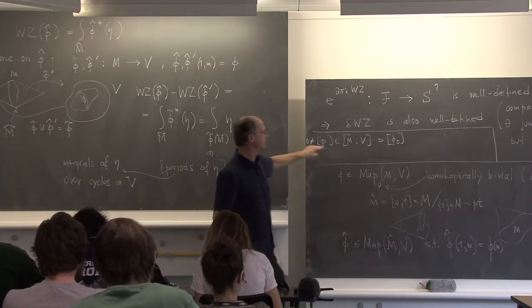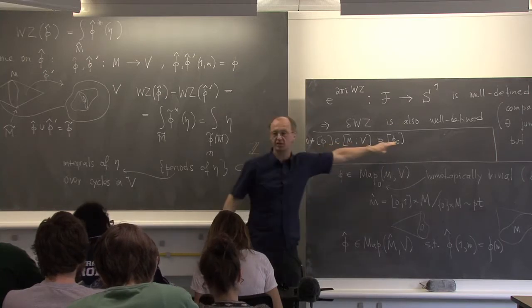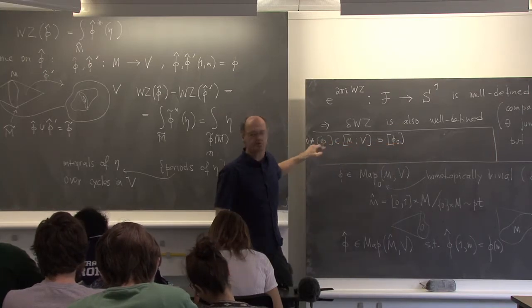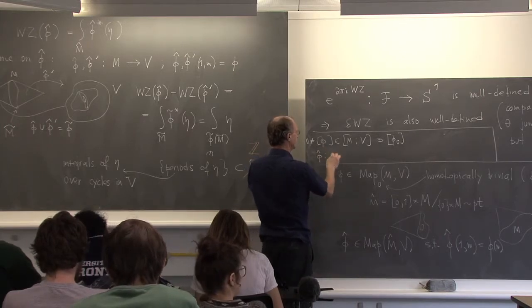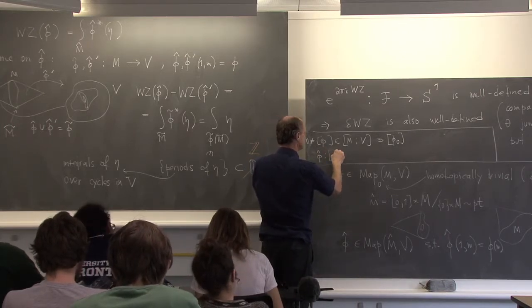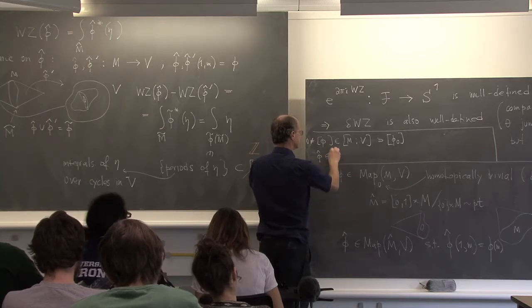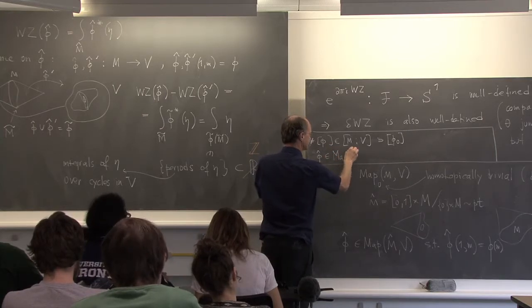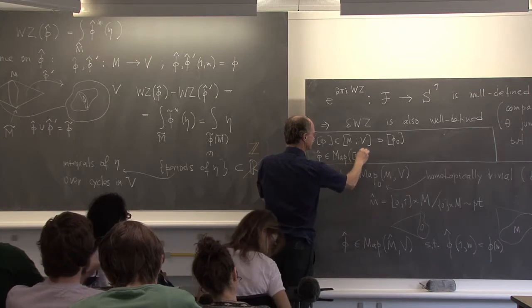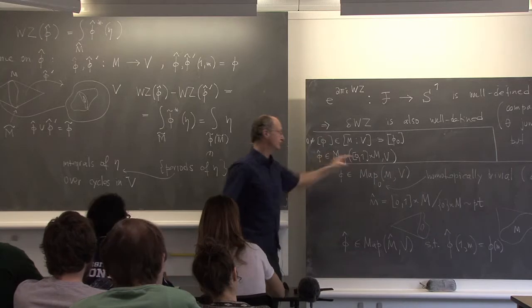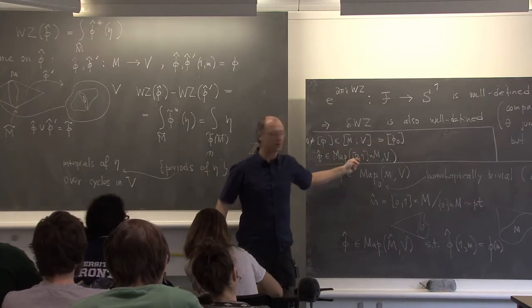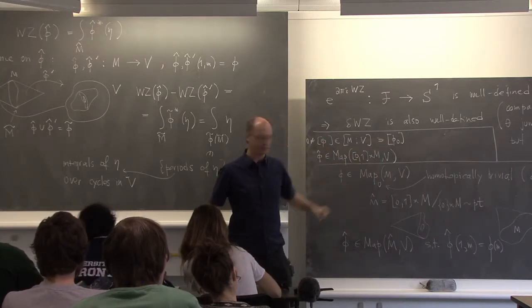Now, of course, you will be able to build a cylinder between phi naught and phi. So phi hat will be a map from zero, 1 times M to V, which restricts to phi naught at one boundary, to phi at the other boundary.